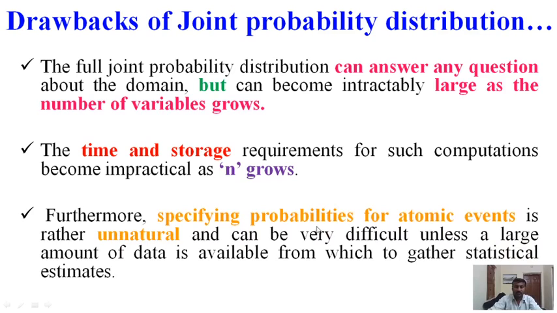Furthermore, specifying probabilities for atomic events is rather unnatural and can be very difficult unless a large amount of data is available from which to gather statistical estimates. So these are the drawbacks of joint probability distribution.